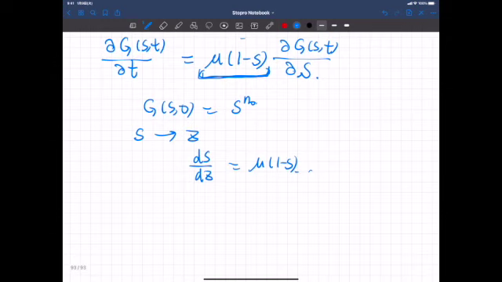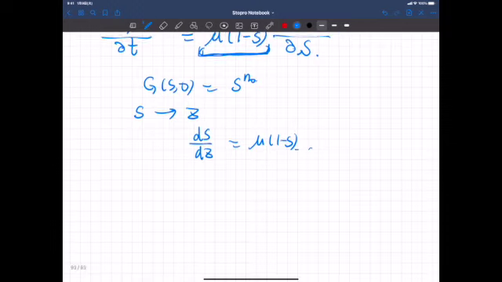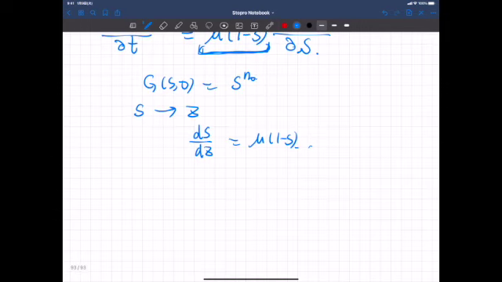After all, I don't show the details here, but you should apply the same methodology as before for the birth process, and finally you should have this result.